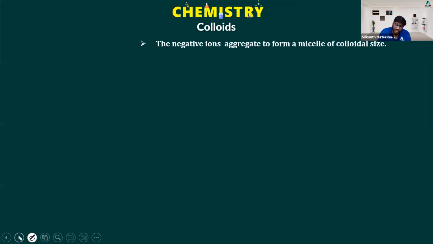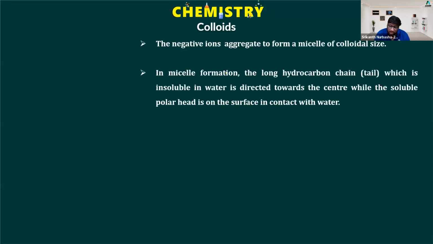The negative ions aggregate to form a micelle of colloidal size. In micelle formation, the long hydrocarbon chain or tail is insoluble in water. Why? Because water is polar and hydrocarbon is non-polar, and polar and non-polar substances are not soluble.